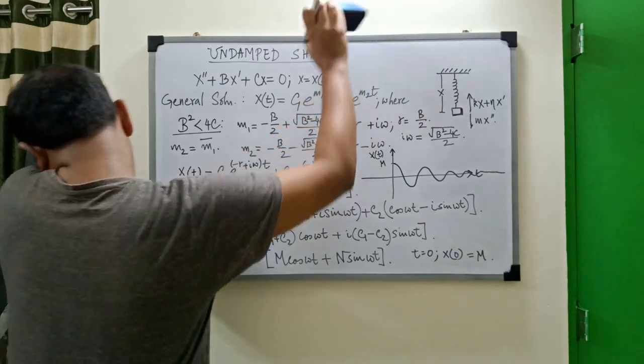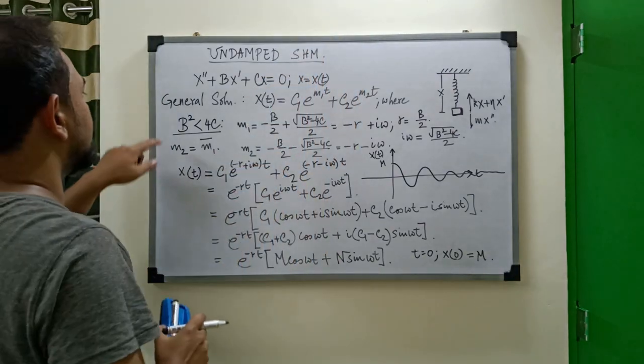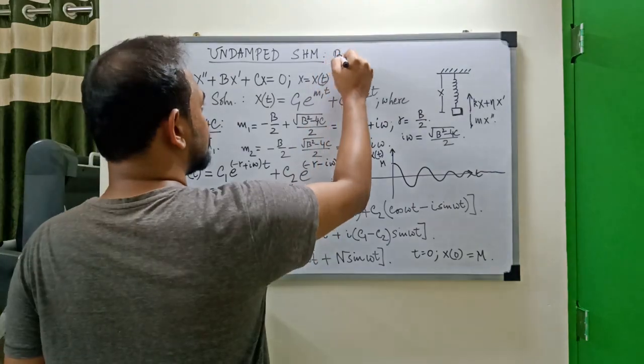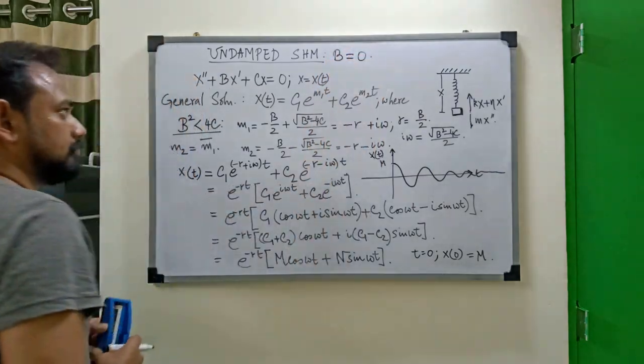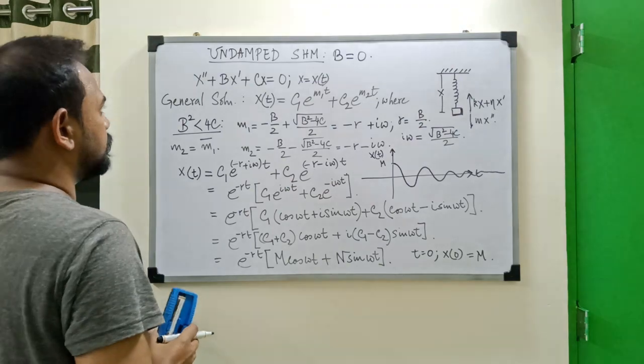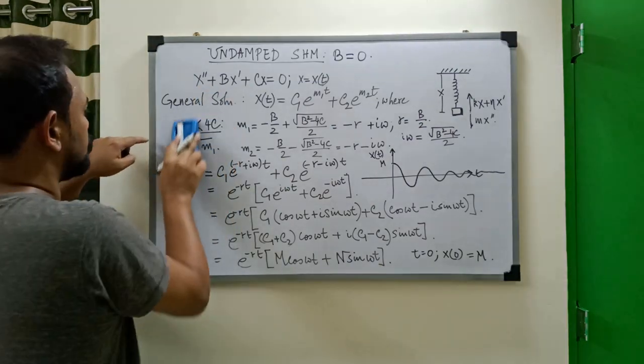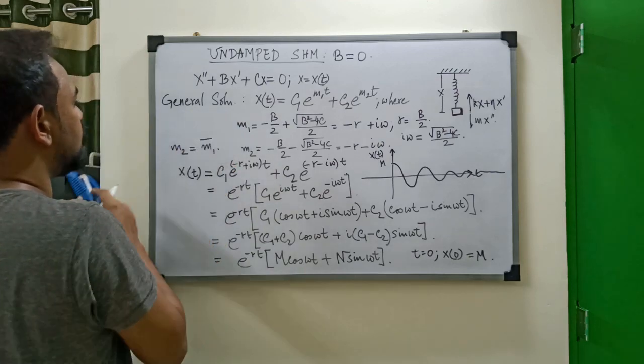That's the case when not only is B squared less than 4C, B is actually equal to 0. So what happens if B is 0?